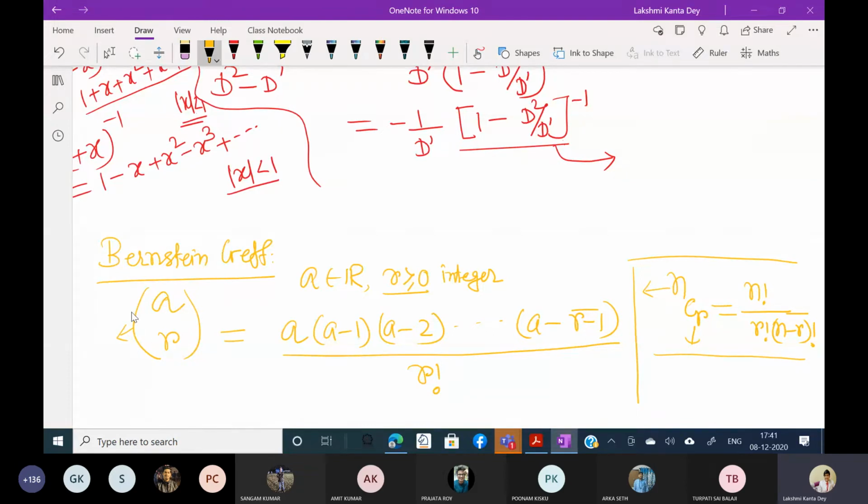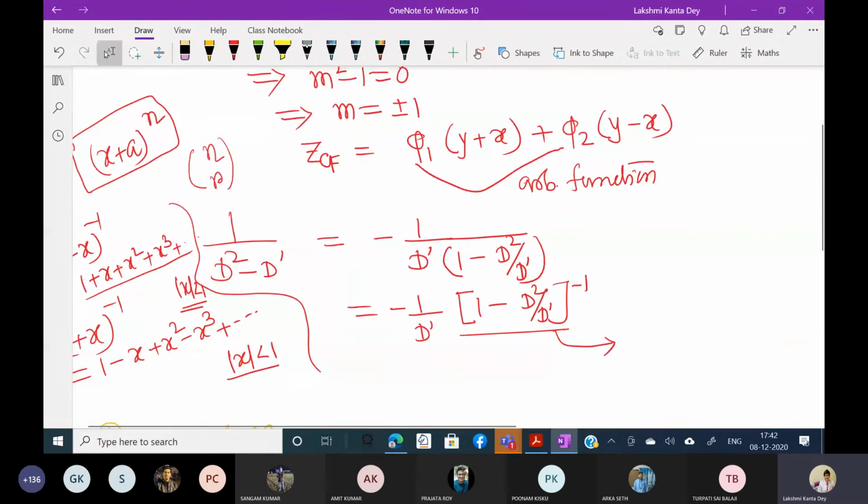Now my point is that if a is negative, then it will go as the generalized coefficient. I don't call it aCr, because out of minus 1, how can you choose two things? You cannot choose it. Therefore, its naming is different. It is not like nCr. It is a binomial coefficient, and it is used in expanding this expansion.